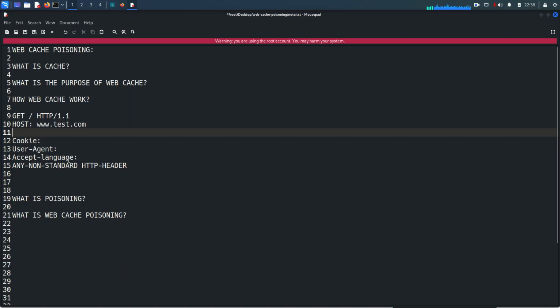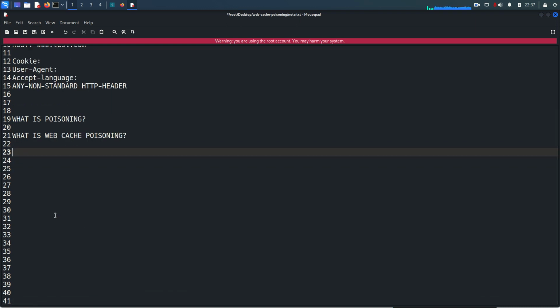So how will we know that the responses are being stored somewhere in the cache? There are many headers that indicate that a cache is being used between you and the web server.